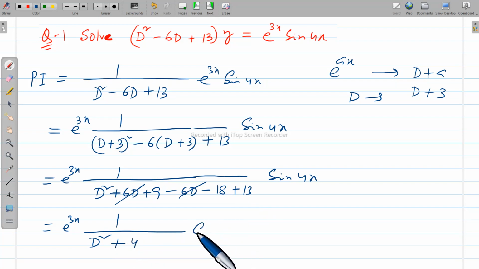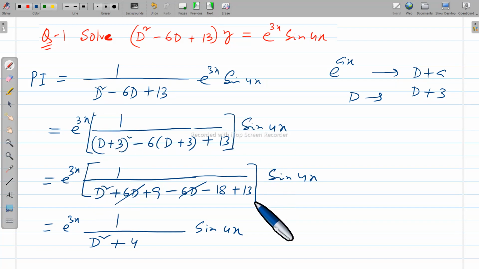So now it is coming 1 by D square plus 4 of sine 4x. Clear? When you are replacing the value, you can write it like this also, no problem.